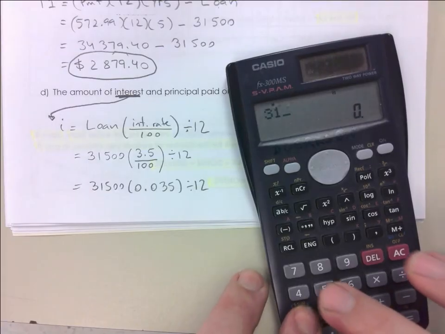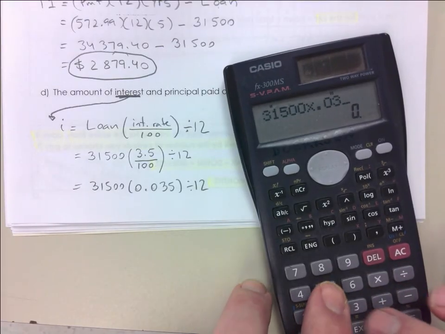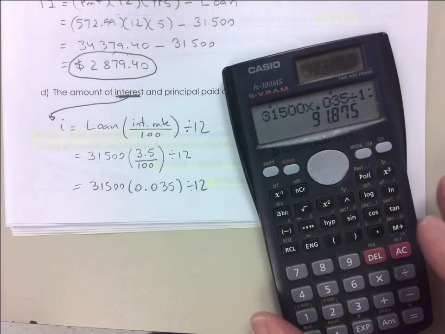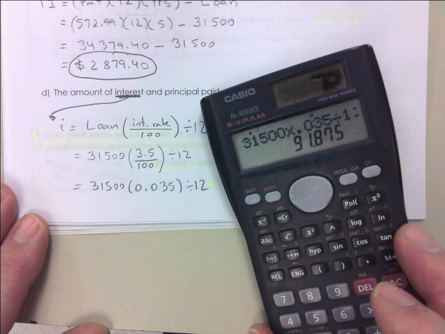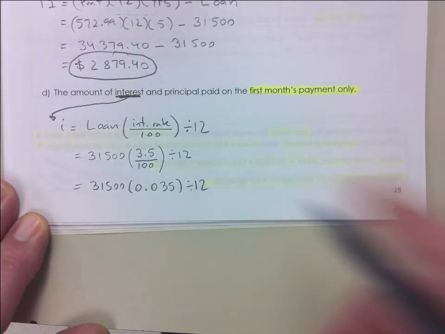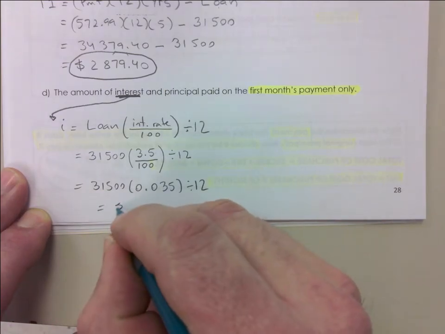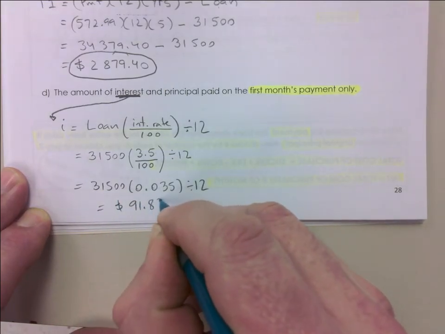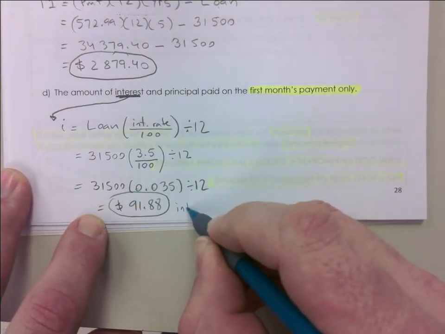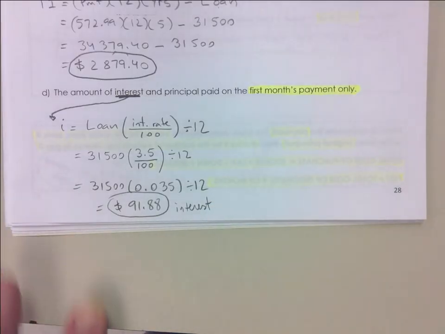So at this point it is 31,500 times 0.035 divided by 12. So it's 91.88 if you round it to 2 decimals. That's the interest. Because we're asked to figure out 2 things, I would label this: this is the interest.